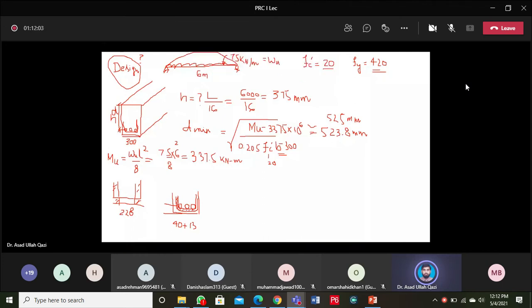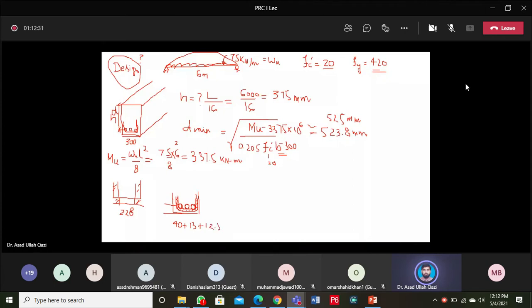Because my design is not yet complete, I can safely assume on the conservative side that the bar diameter will be 25. It is my assumption. So half of this will then be 12.5.